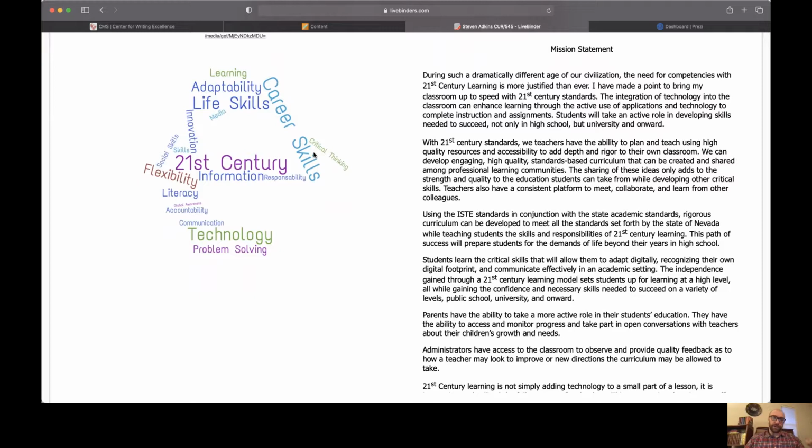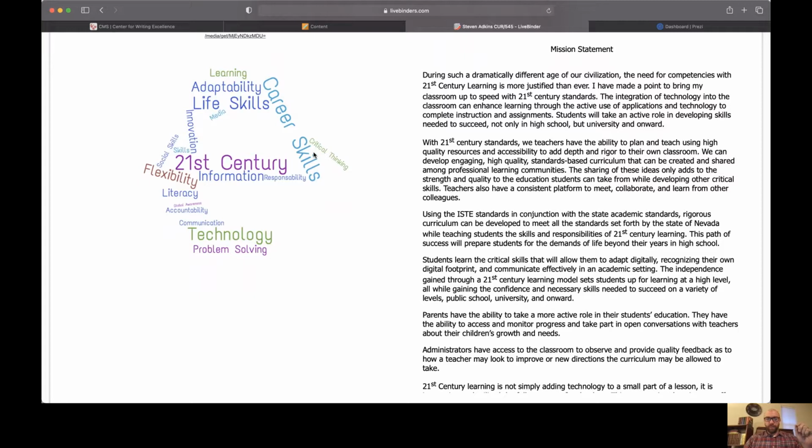So some of these word jumble ideas: 21st century, career skills, adaptability, flexibility, technology, literacy, accountability. These are all things that come together with this general idea of what education has turned into this year.